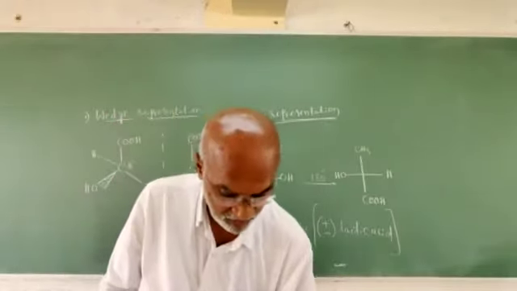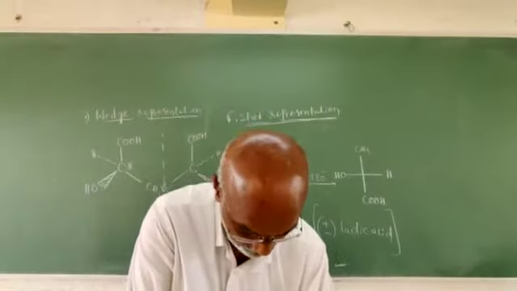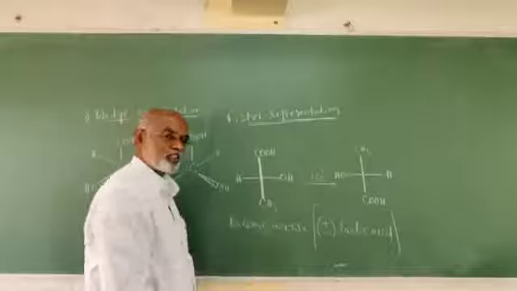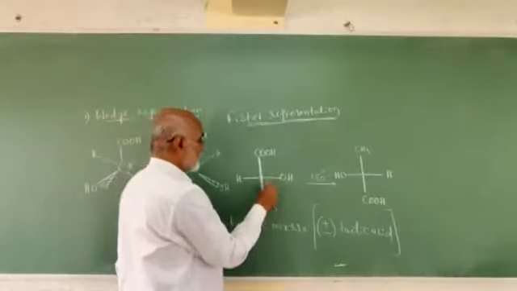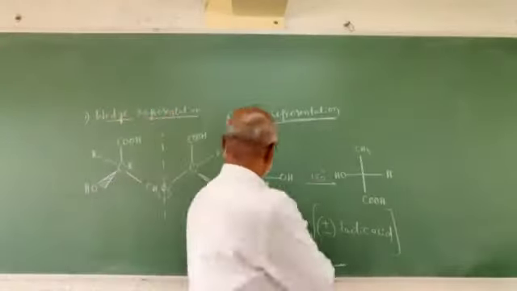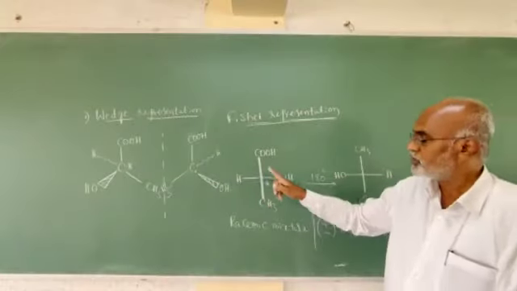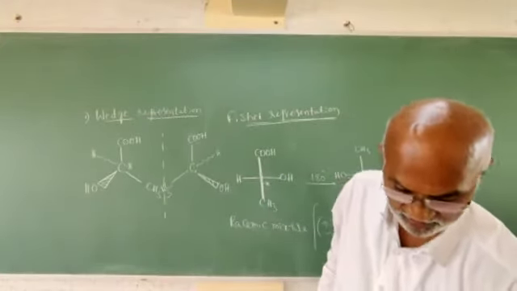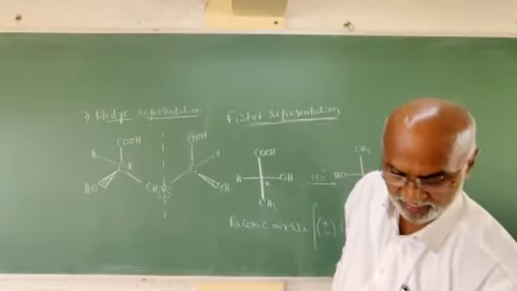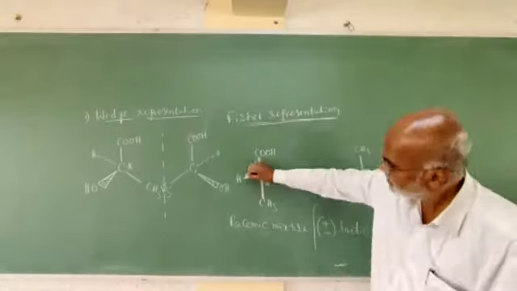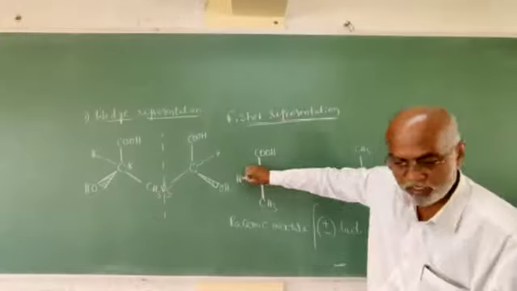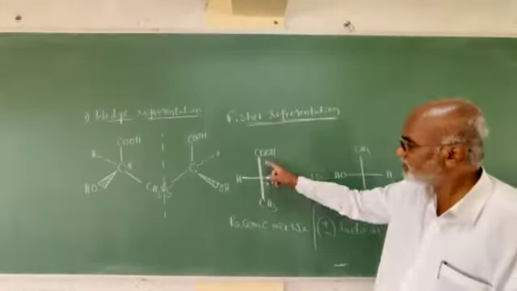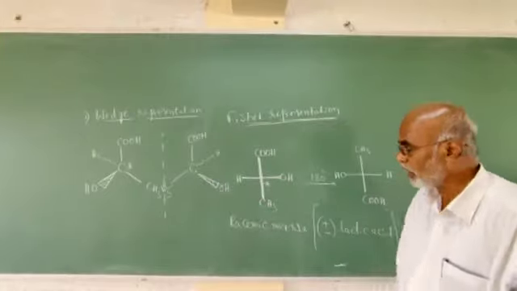What we need to consider is that the point of intersection of these 2 bonds represents the chiral carbon atom. Please don't forget, the point at which the 2 bonds intersect represents the chiral carbon atom. The atoms on the horizontal line are towards the observer, whereas the atoms on the vertical line are away from the observer.